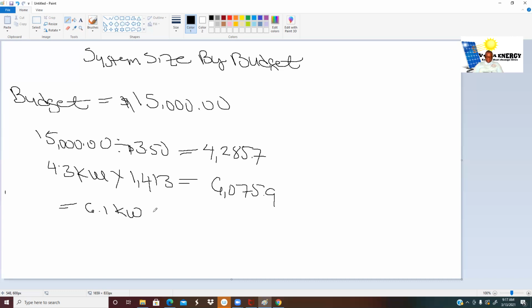So that's how it's done. That is how you budget. You size a system based on the budget of the customer.